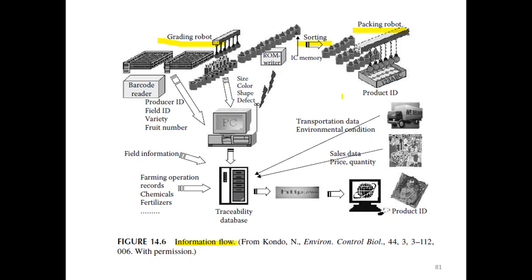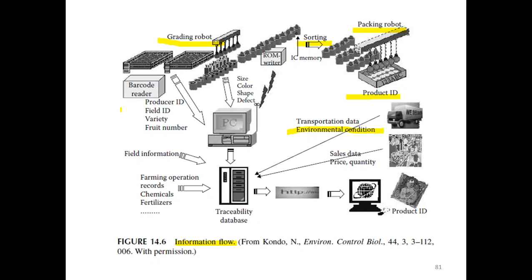Each fruit, tray, or box of fruit gets a product ID, and after that a tractor transports the fruit to market, and the information, including the environment condition, is also transferred to the central computer.